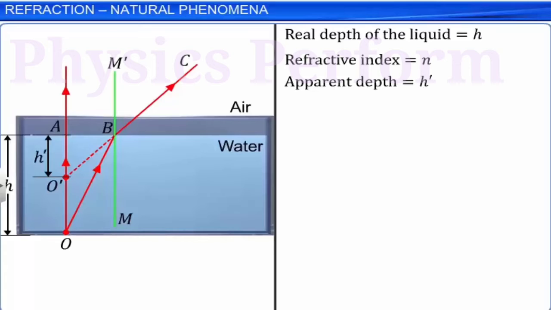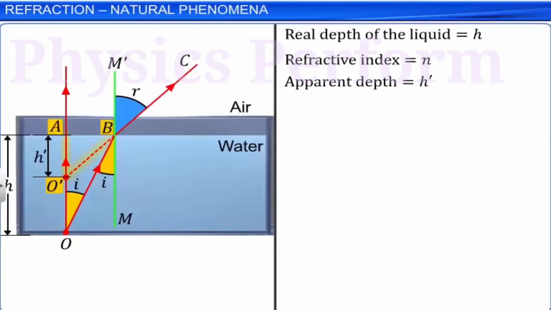Let the angle of incidence OBM be I and the angle of refraction M-BC be R. Since the two angles OBM and AOB are alternate angles, they are equal. Similarly, since the two angles AO'B and M'BC are corresponding angles, they are also equal.